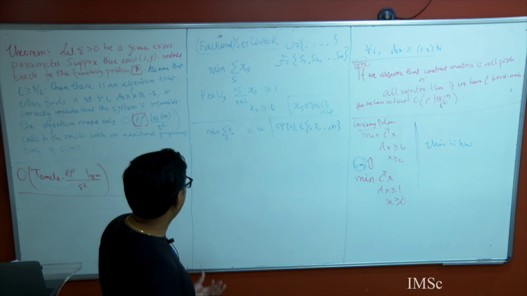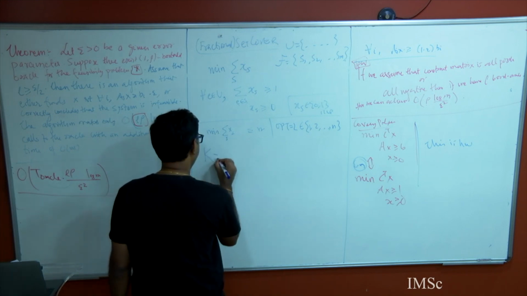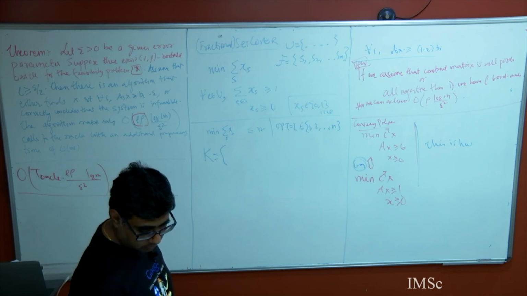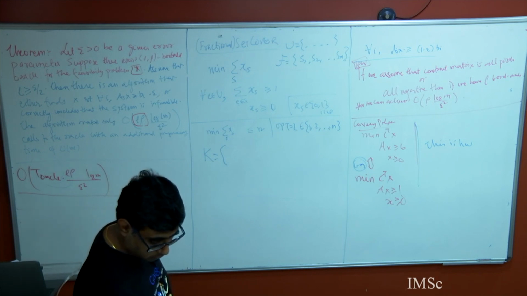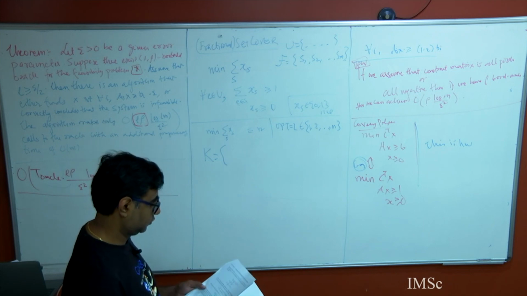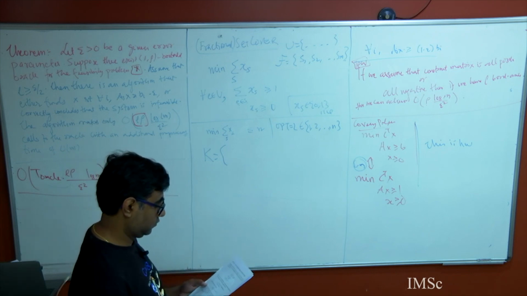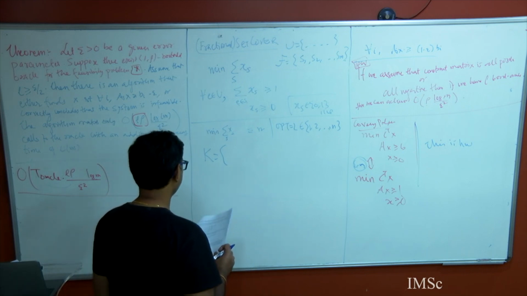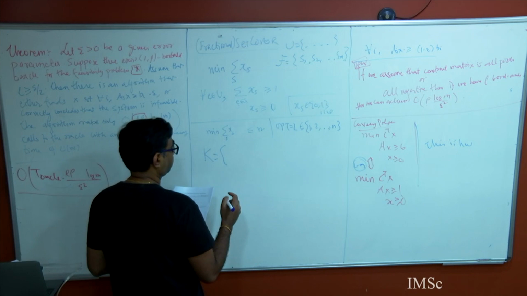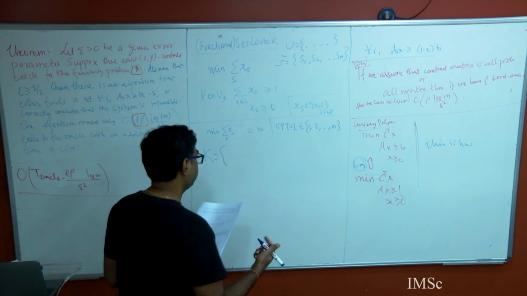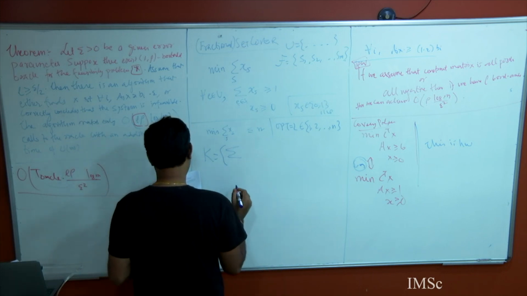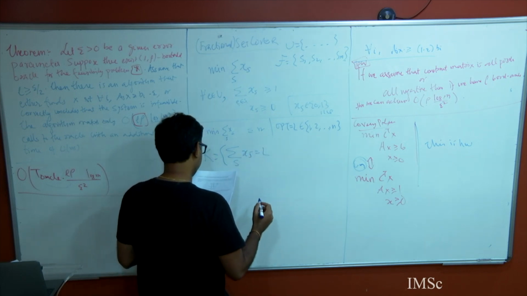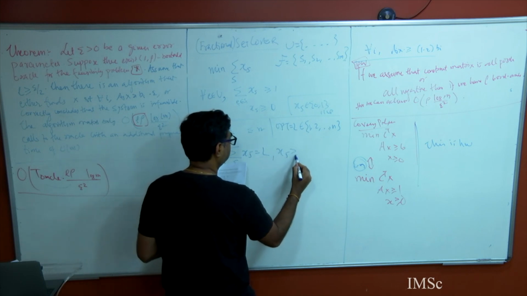Now, the polytope we are going to consider is K. The polytope over which we are trying to find a solution has the property that the sum over S of xs equals L, and xs is greater than or equal to 0.